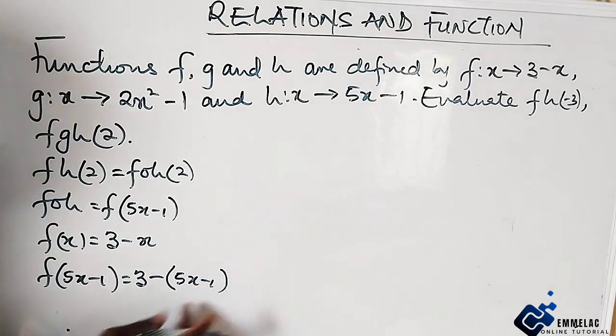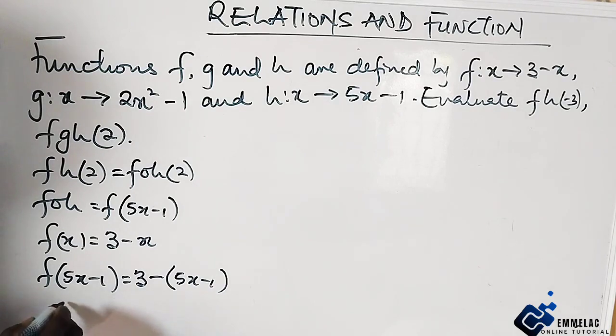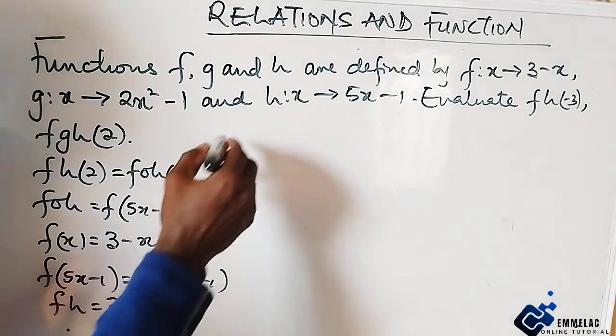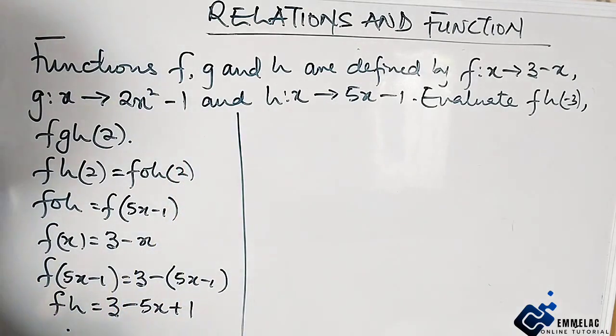Opening the bracket, f of h will now give us 3 minus 5x plus, since minus times minus gives plus, 1.